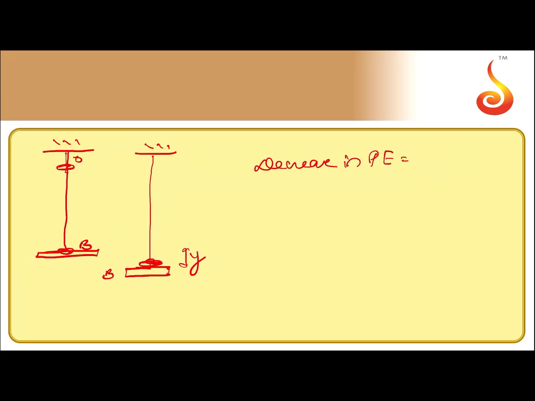So write mg times (L plus Y), that's the decrease in the potential energy, and it should be equal to half k y square.